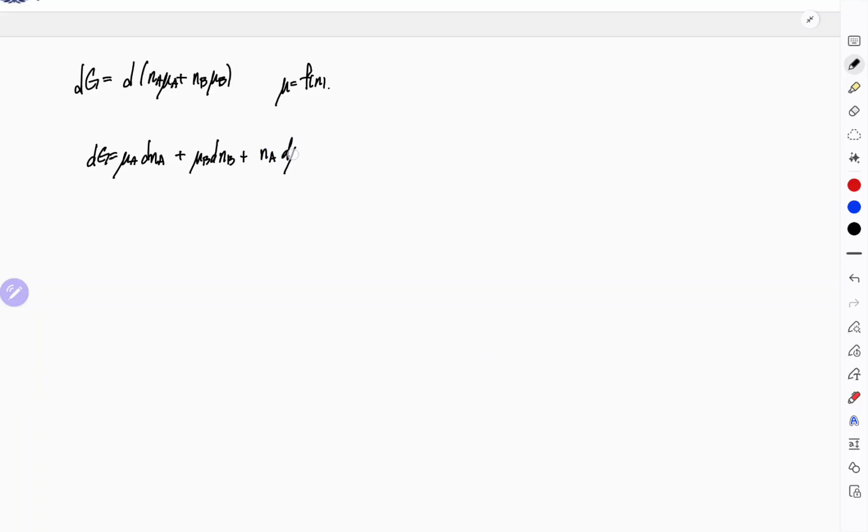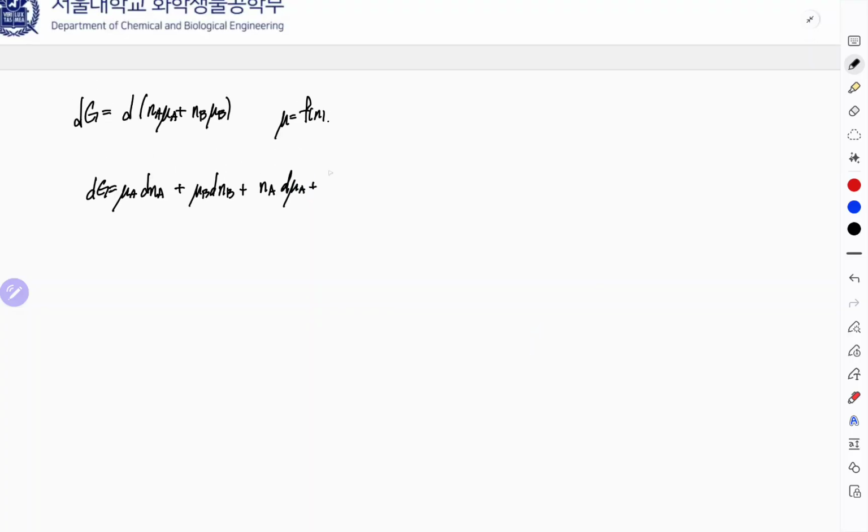So for our binary mixture, we can write the chemical potential change for the B component as minus nA over nB times dμA.